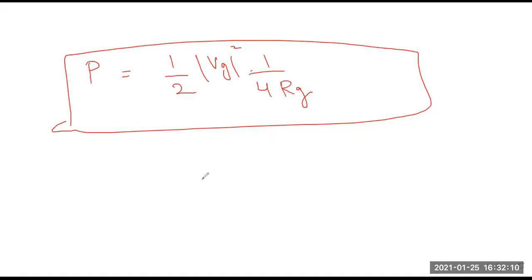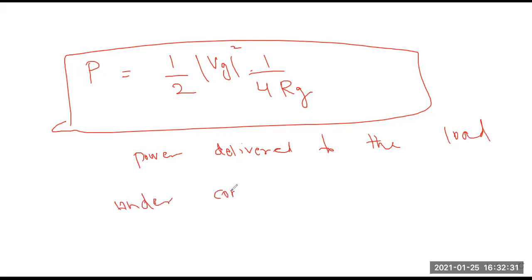So whenever you say that the circuit is conjugate matched, in that case, you can make use of this expression for power. So this is power delivered to the load under conjugate matching.